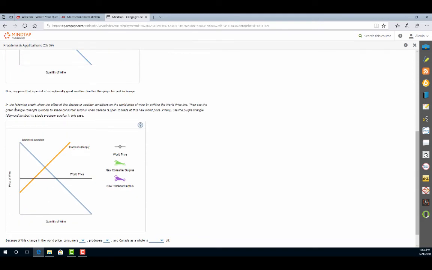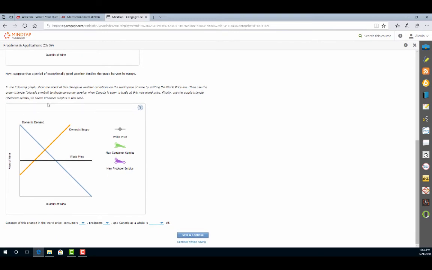The next question says, in the following graph, show the effect of this change in weather conditions on the world price by shifting the world price line. Then use the green triangle to shade consumer surplus at this new world price. So what you're told here is that the weather has been exceptionally good.